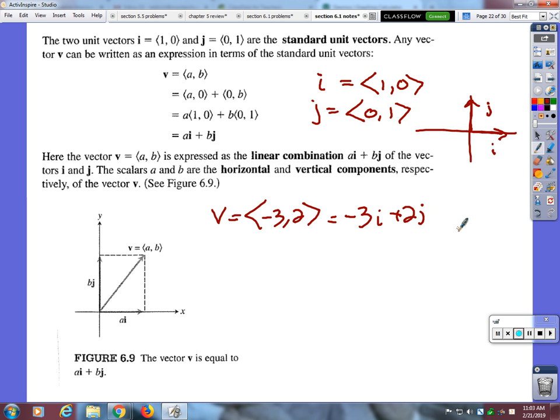Because negative 3i would be negative 3, 0, 2j would be 0, 2, and if I added those together, I would end up with negative 3, 2. So this is just a method to rewrite those in terms of a more standard unit vector. Perhaps that will be made clear later.